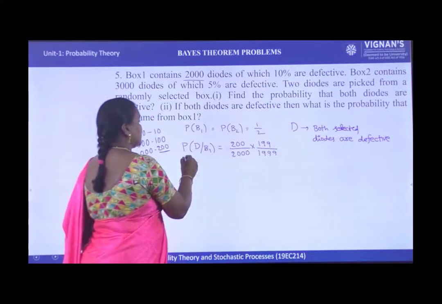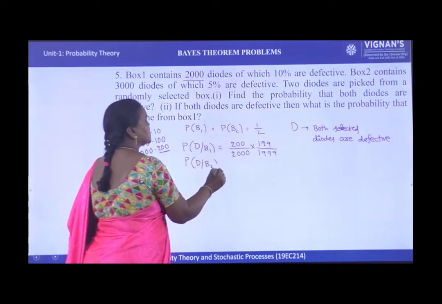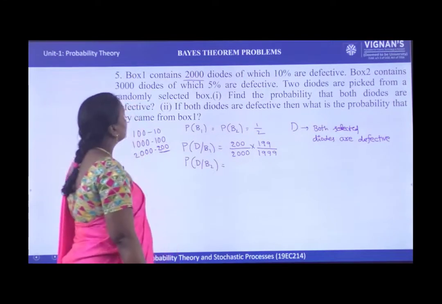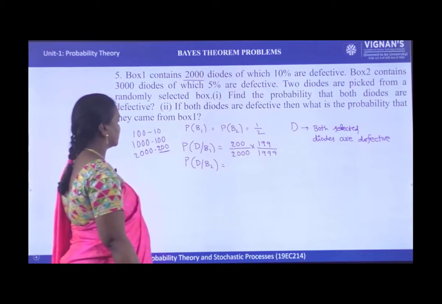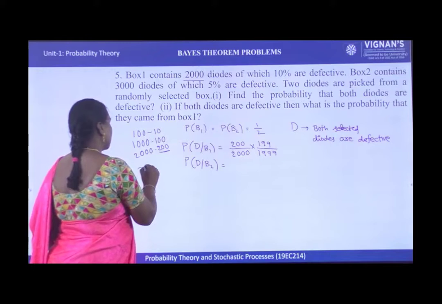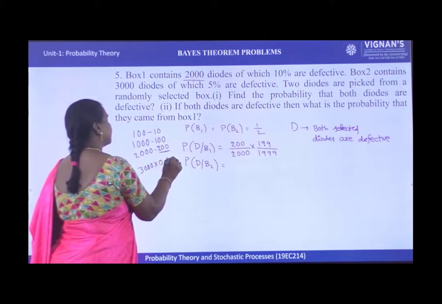Similarly, in the second box, what is the probability of defectiveness? So total how many diodes are there in the second box? 3000 and 5%. So 3000 into 0.05.